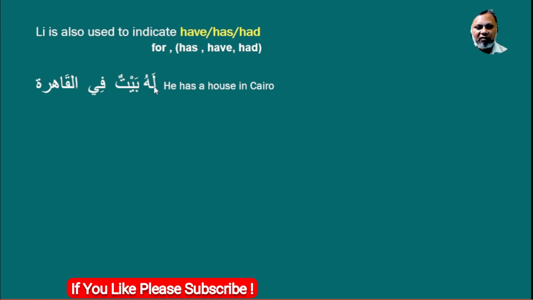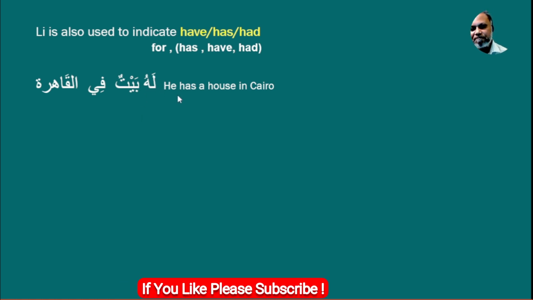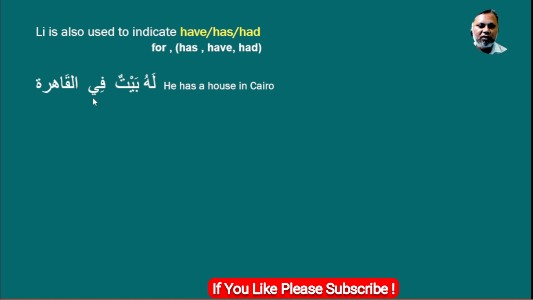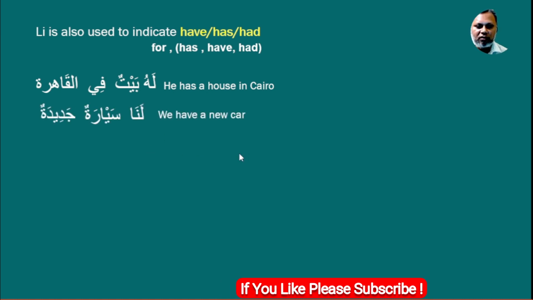Now, for him a house in Cairo means he has a house in Cairo. So this way we can say that here lahu means he has. Lahu's main meaning is for him, but in this case we can say he has. He has a house in Cairo. Lahu baitun fil-Cairo.